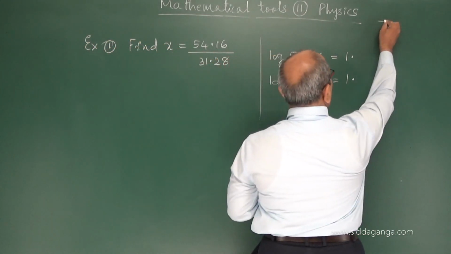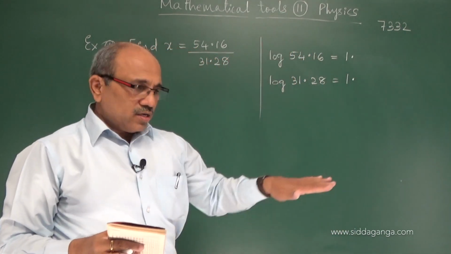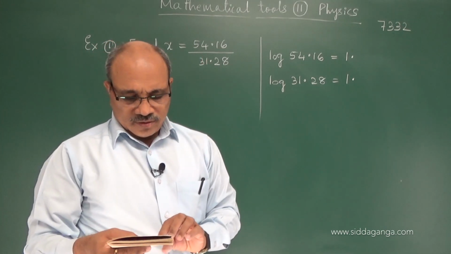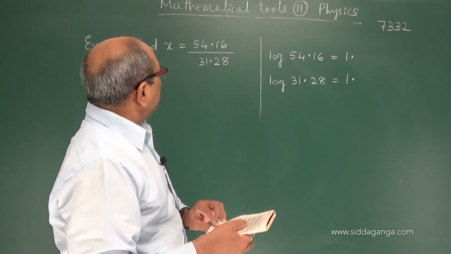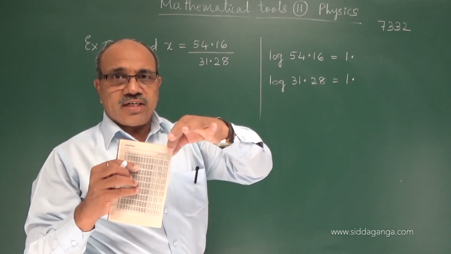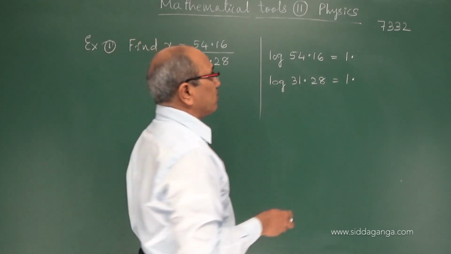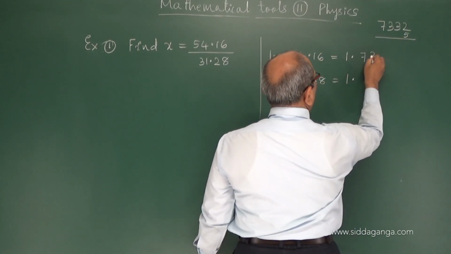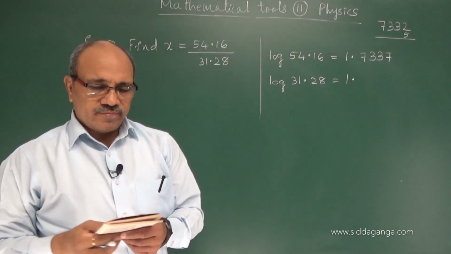Then the mean difference, here 6, the fourth digit. There is a mean difference column at the end. In that you go down to 6, which has the number 5. So this is to be added. What we got is 7337, adding the mean difference.